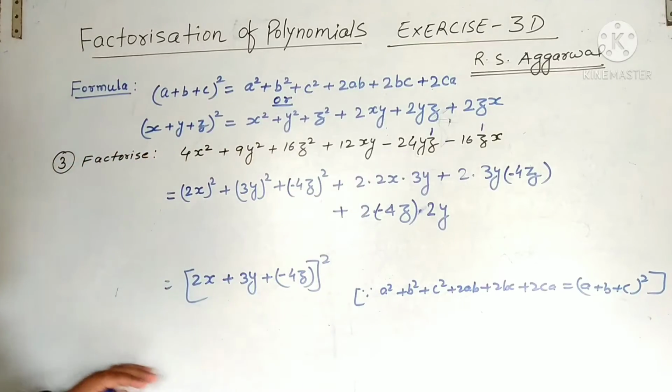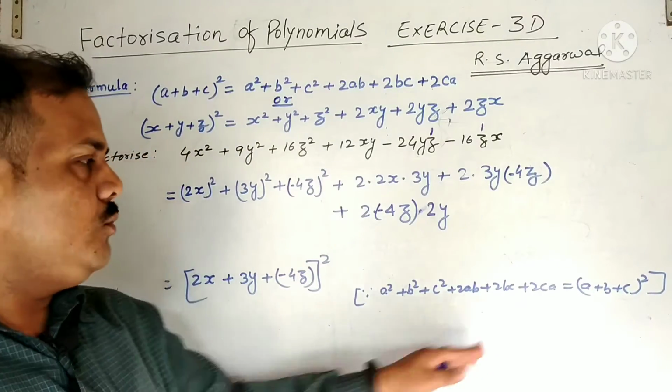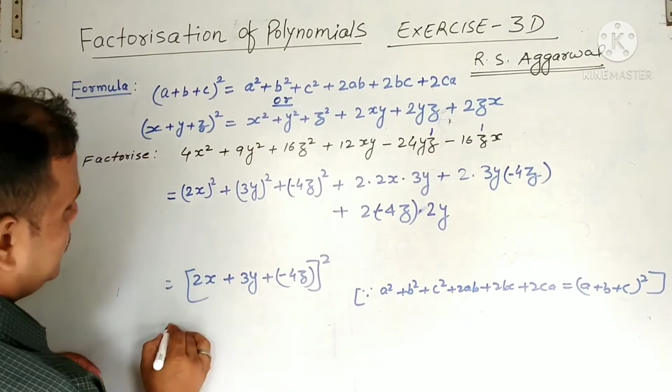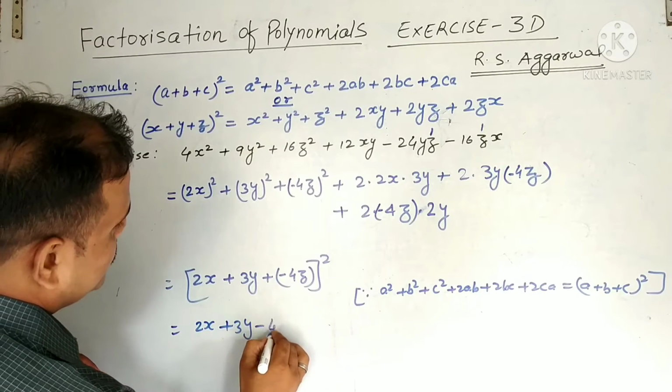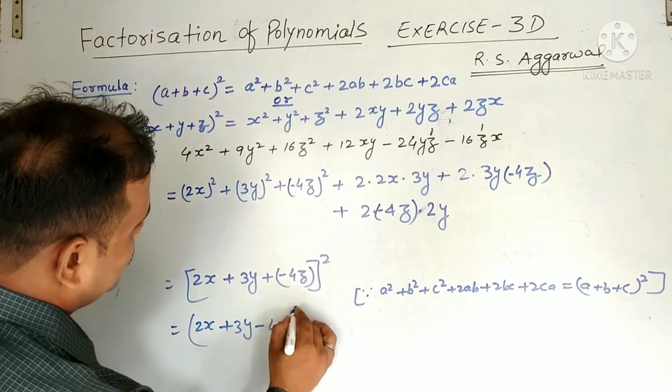Whatever identities you have used, you mention. Then after you can write here (2x + 3y - 4z) whole square.